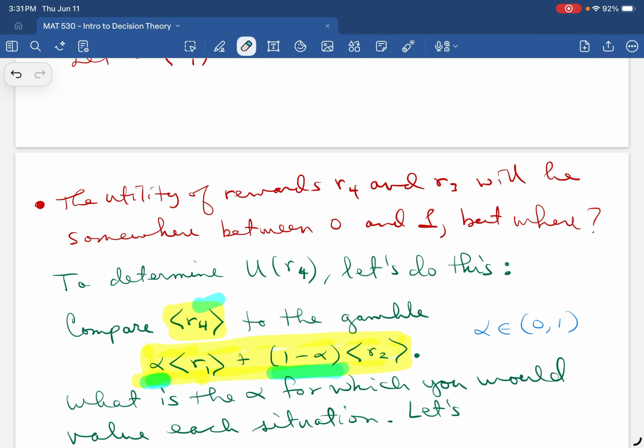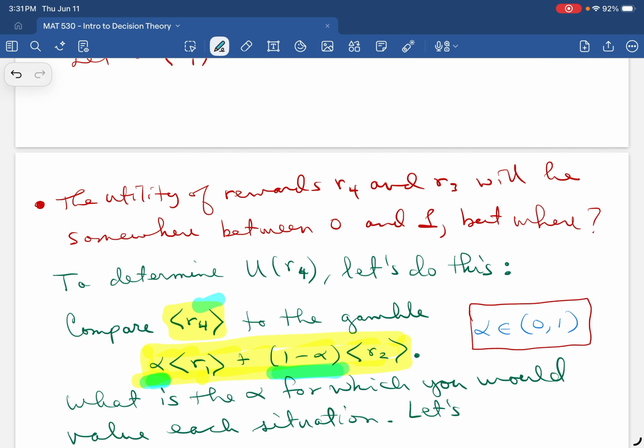So the mechanism we're going to use to assign utilities to those rewards R3 and R4 will be with what the book calls a gamble. So essentially our objective then is to pick the right alpha here.